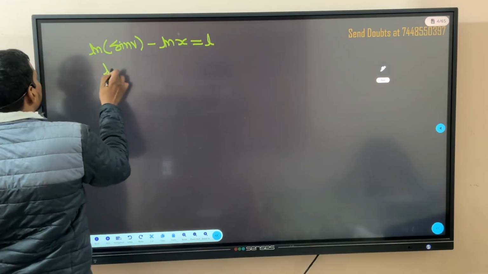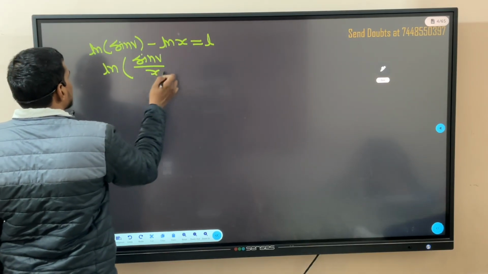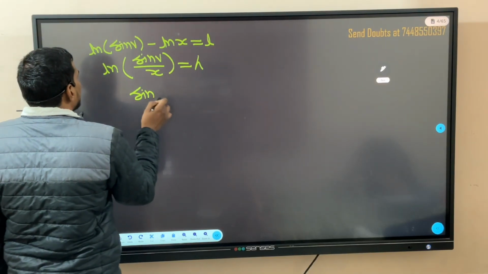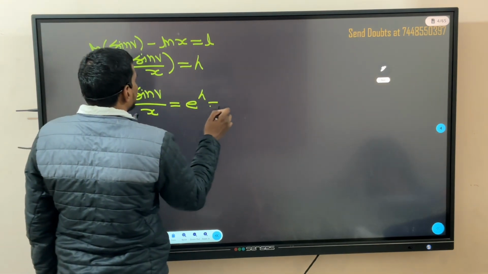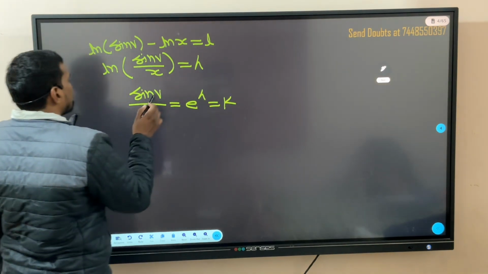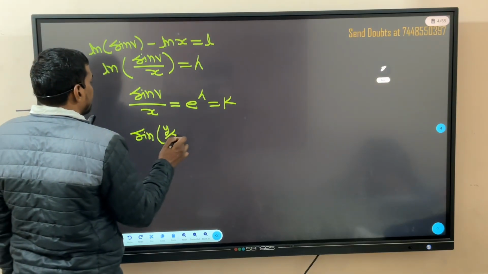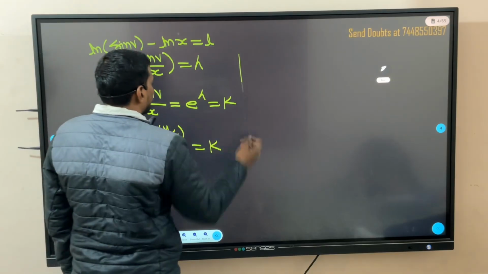So ln of sin v by x equals lambda. So sin v by x equals e to the power lambda, that is k. What is v? V is y by x, so sine of y by x upon x is k.